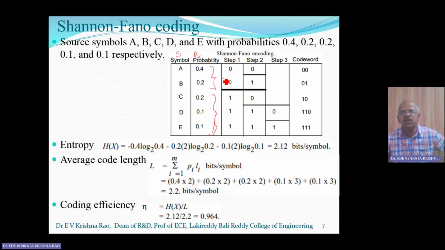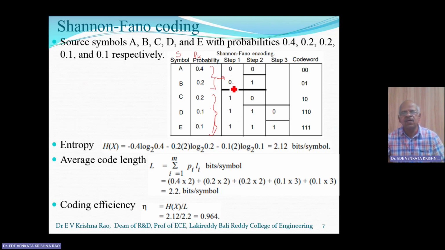The upper set, A and B, is coded with binary 0 as we assumed, and the lower set, C, D, E, is coded with binary 1. This is not mandatory. The upper set can be encoded with 1 and the lower set with 0.